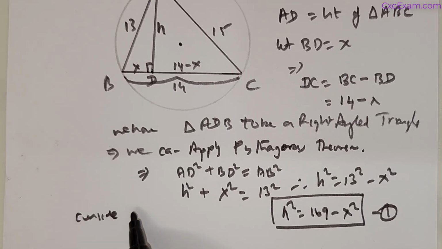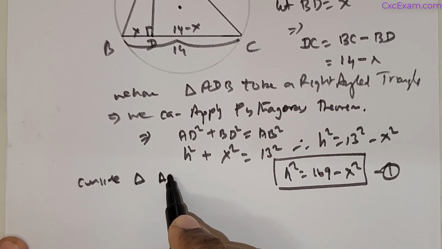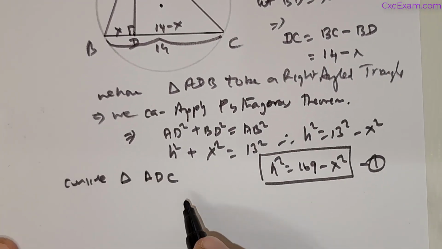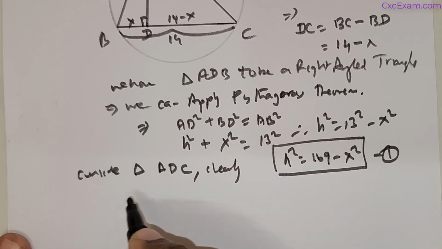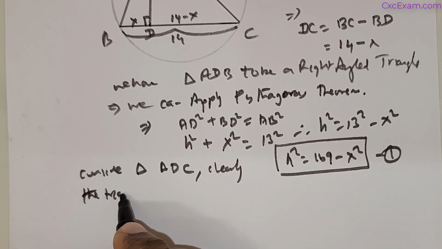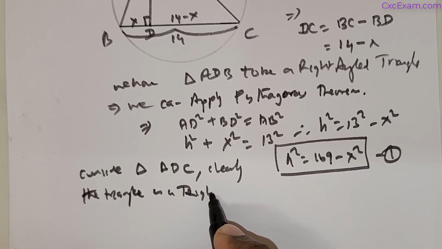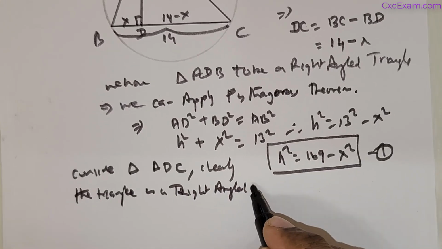Next we consider triangle ADC. Okay, so clearly the triangle is a right angled triangle.